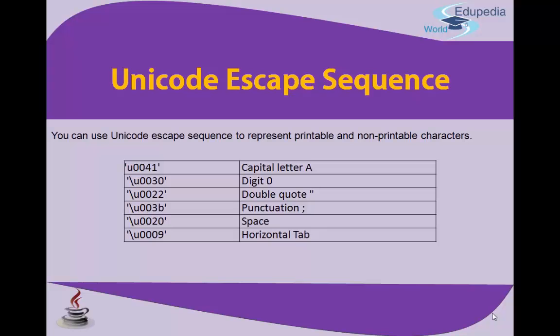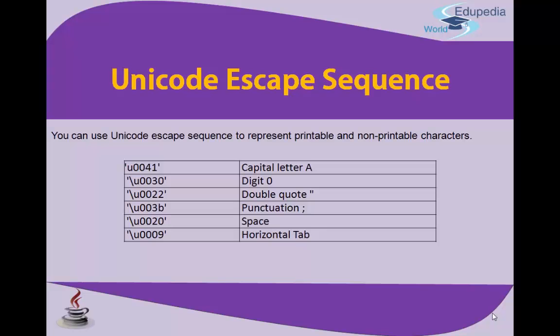Then you have single quote \u003B single quote close. This will produce the punctuation semicolon mark. Then you have single quote \u0020 single quote close. Then it will produce a space, or the space key. Now you have lots of keys while continuing with the escape sequence for Unicode.